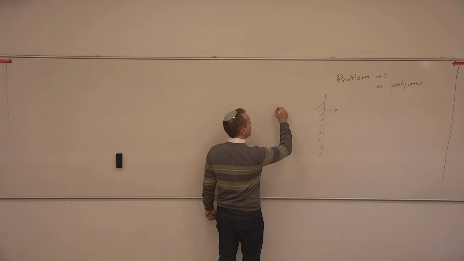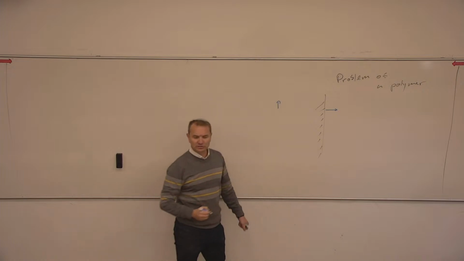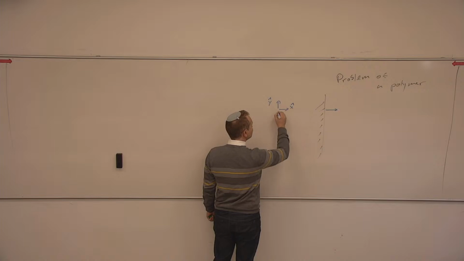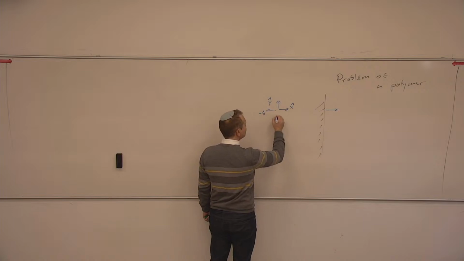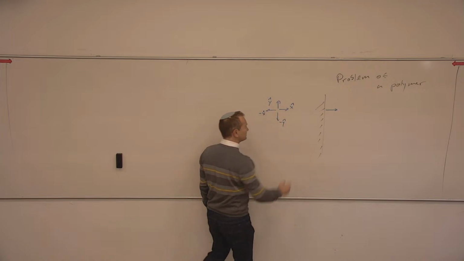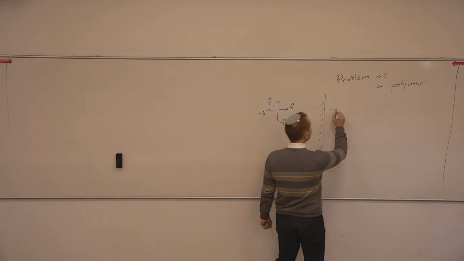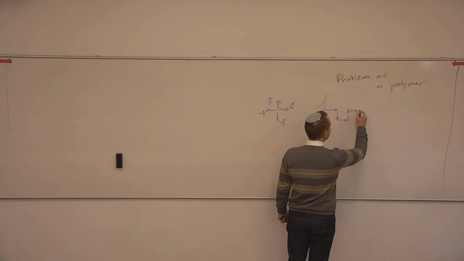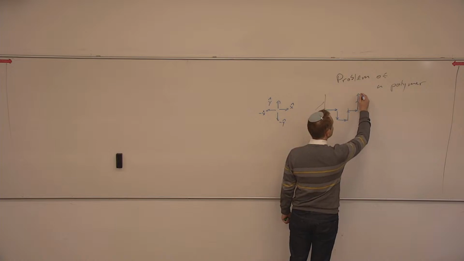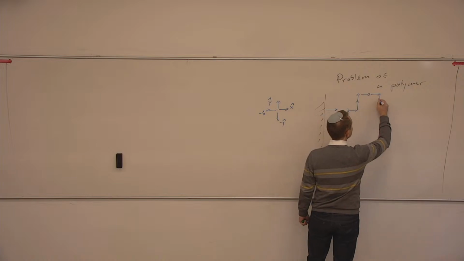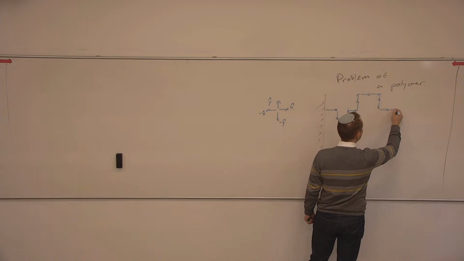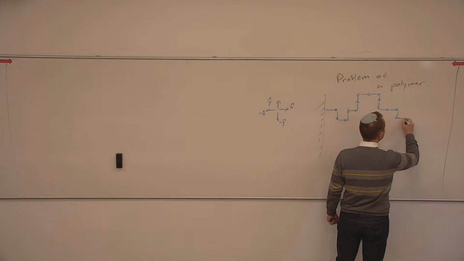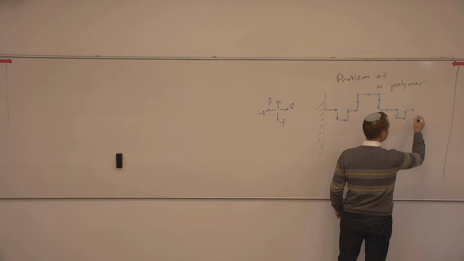Each link can be oriented either in the direction of the y-axis, x-axis, minus x-axis, or minus y-axis. So in general, the polymer that we constructed looks like this. Now all the orientations are independent of their neighbors.